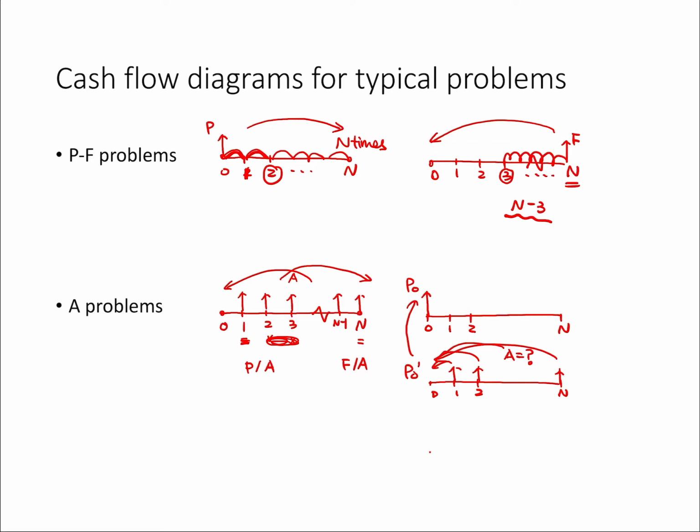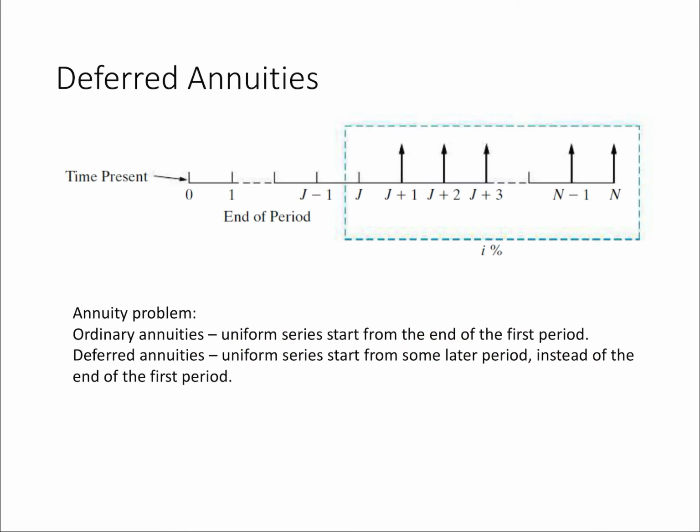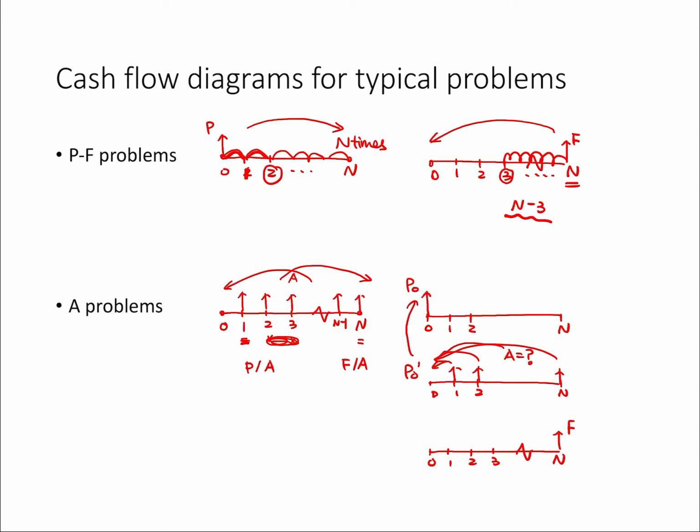Okay, and you can also do the same thing, say if you have a future value, and using the same way, you can also find its annual equivalent. That annual equivalent will be, if you convert all of them back to the future, you have the same future value as Fn.